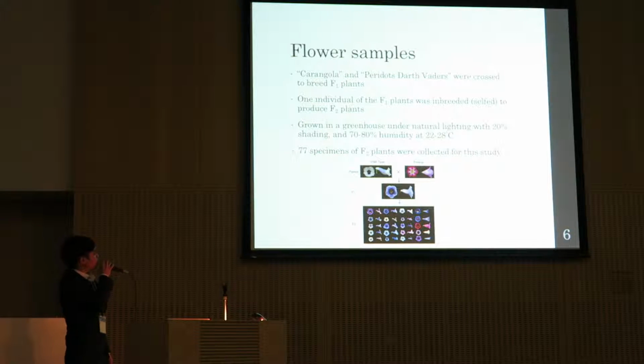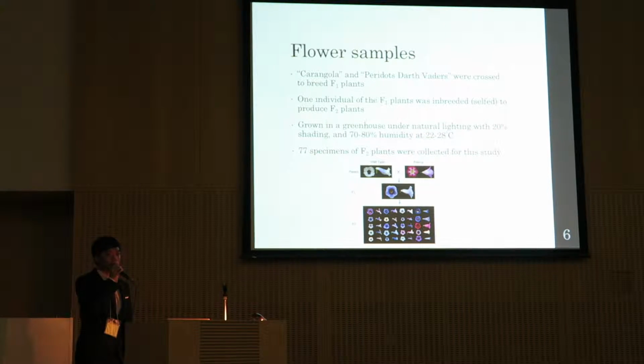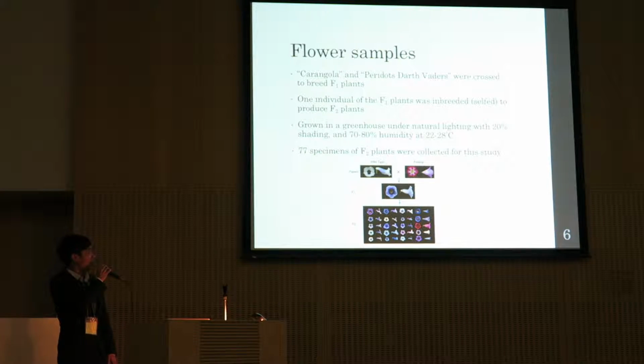And then all samples were grown in a greenhouse under natural lighting with 20% shading and 70 to 80% humidity at 22 to 28 degrees. All 77 specimens of F2 plants were collected for this study.